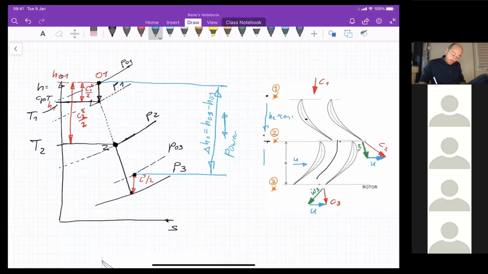But what happens between 2 and 3? I can apparently not say that the total enthalpy is still constant, because you can see that the total enthalpy has decreased from here to here. This is my H03 and this is my H01. But across the rotor, if I say there's no heat transfer with the environment, so I'm perfectly insulated, then I should be able to state something similar to the total enthalpy.